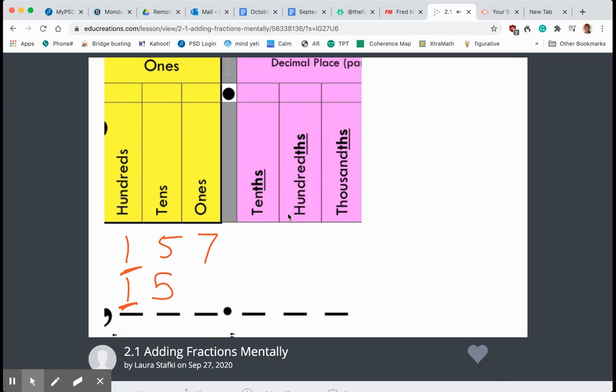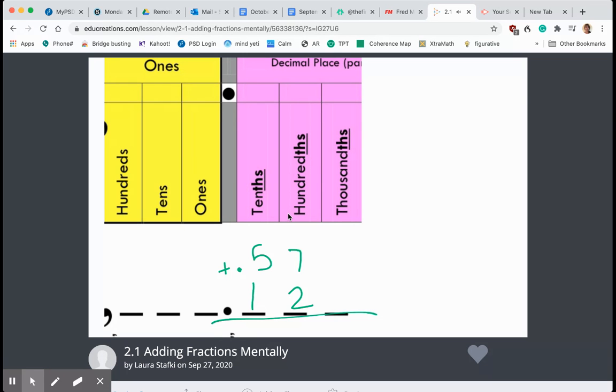It's the same pattern. So if I'm adding a number with decimals, I want all my tenths to be in the same place. I want all my hundredths to be lined up together. So if I had this number and I wanted to add it to 57 hundredths, I would just make sure that they were all lined up. Whoops, this is supposed to have a decimal.